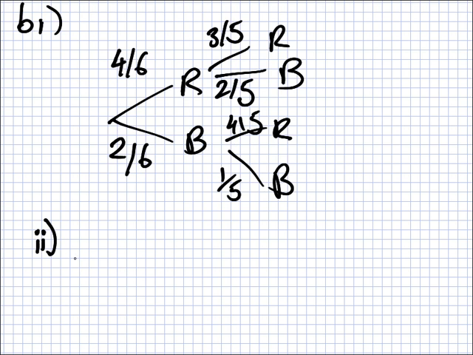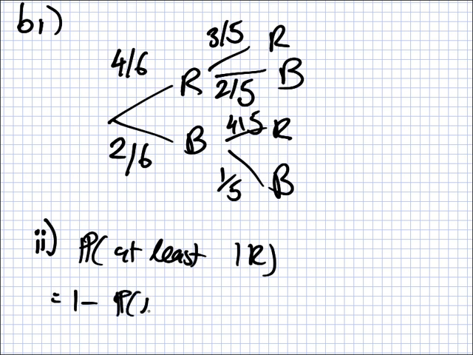Find the probability that at least one of the balls is red. Now there's 2 ways to do this. The easiest way to do it is probability of at least 1 red is the same thing as 1 minus the probability of not at least 1 red.